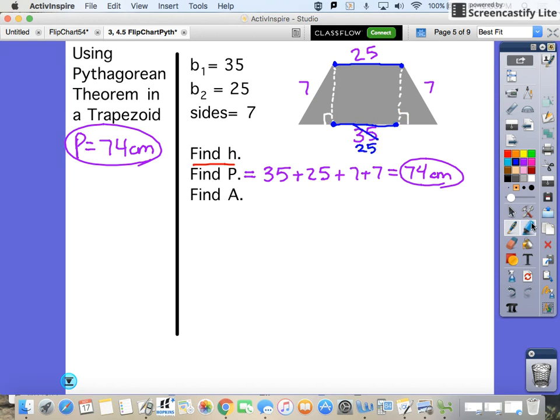But we know the full base is 35. So that means there's 10 remaining that we need to account for. If you take that 10 and split it 5 and 5, 25 plus 5 plus 5 gets you to your original 35 units.